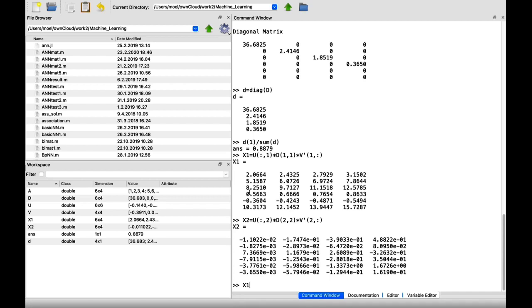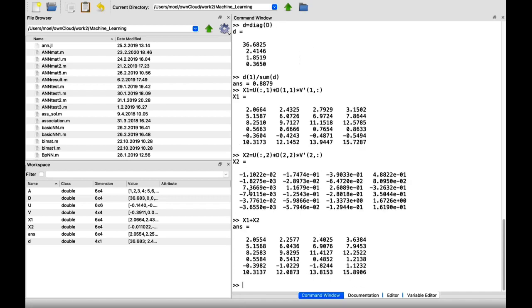So x1 plus x2 gives a better approximation. And even if you add the other elements, of course you can get better and better approximation for the original matrix A. Okay, so this is the concept here, how to make these computations of the matrix.